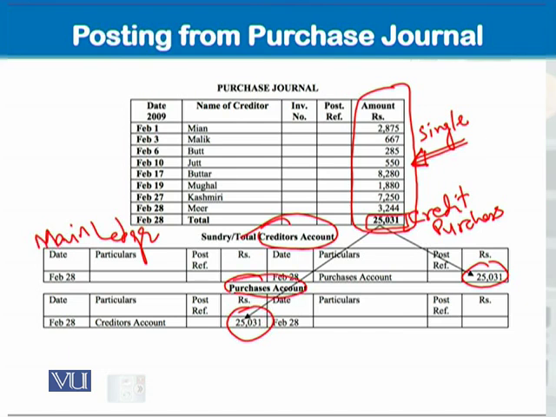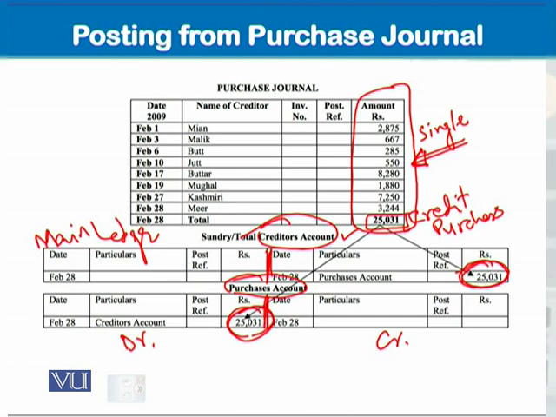So this 25,031, which is the total of that purchases journal of that specific period, which is February, will be posted in the credit side of the creditors account, and in the debit side of the purchases account.